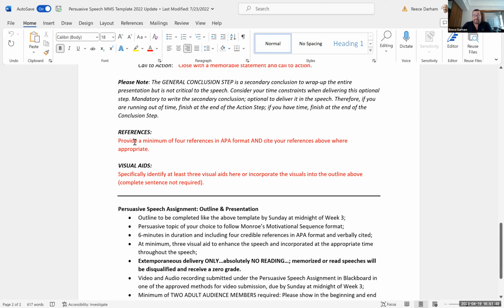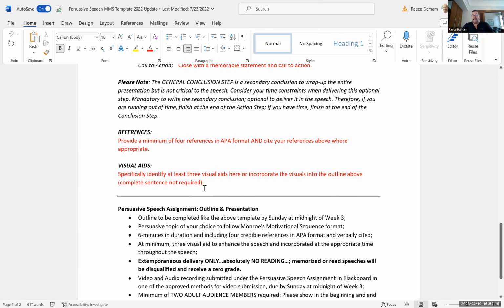So please provide a minimum of 4 references in APA format and cite those references above in the outline where it is appropriate. Remember, in APA format, you must have a citation that corresponds to a reference. If you don't have an in-text citation, then you cannot have the reference. If you have a reference, you must have a citation. So they go hand in hand, peanut butter and jelly, gotta have them.